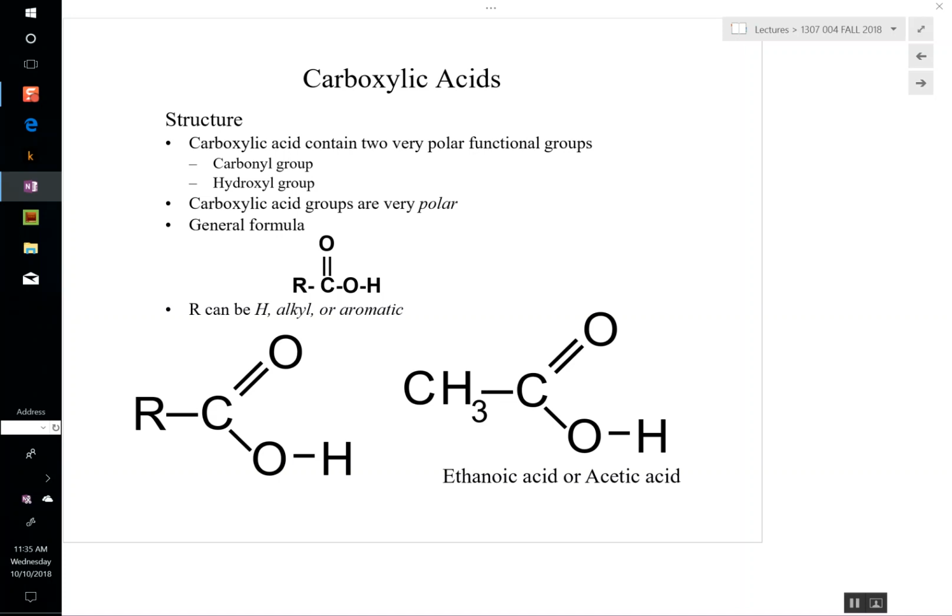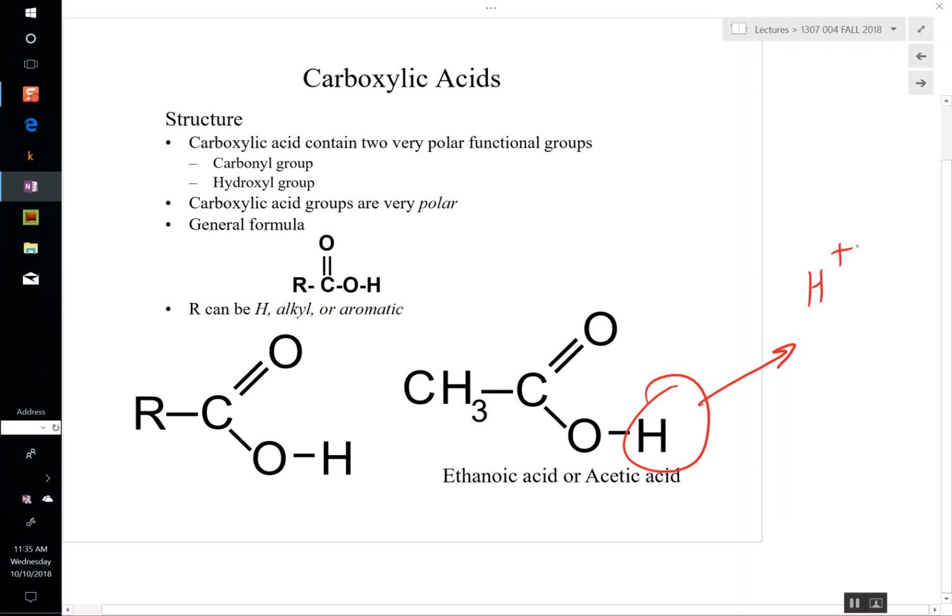You've got this carbon containing 2 oxygens and a hydrogen, and they're really drawing the electrons in here, and this hydrogen can come off or dissociate into water, and that's what drives the pH down. This is an acidic hydrogen. It can become an H+ ion.